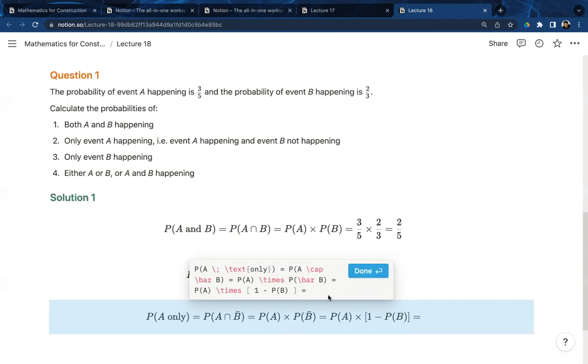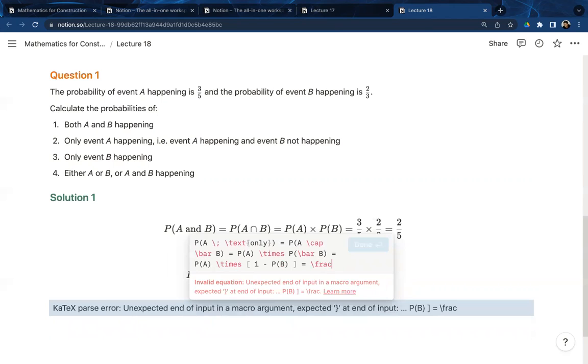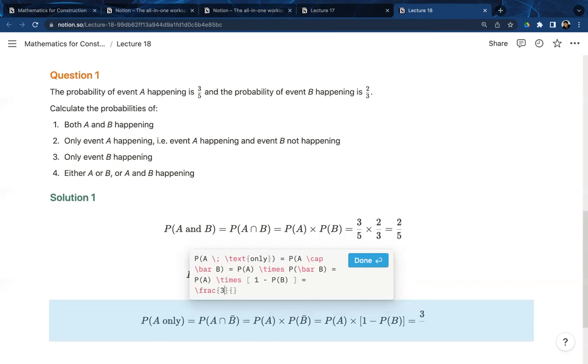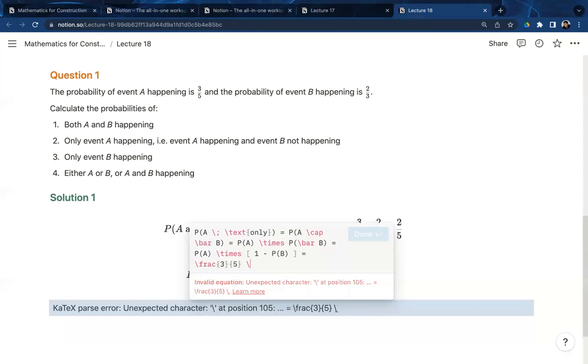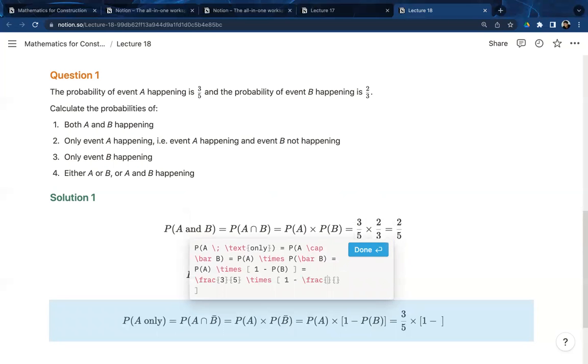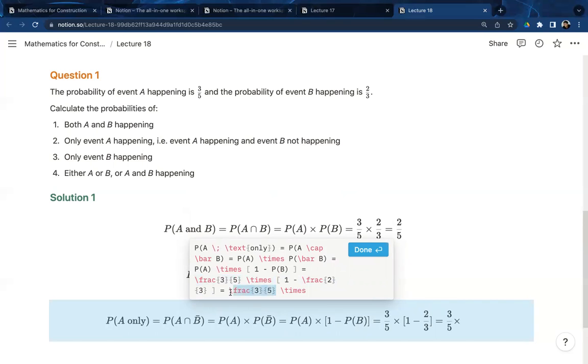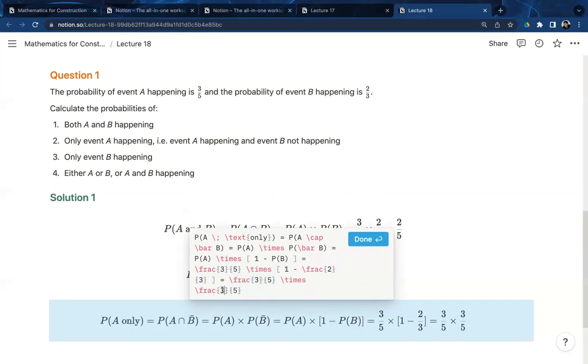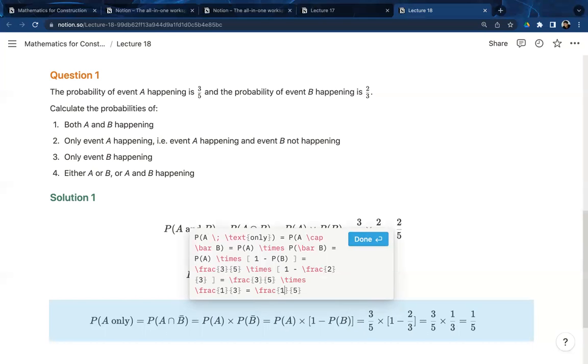So this is 3/5 times 1 minus 2/3, which is 3/5 times 1/3. The threes cancel to give 1/5.